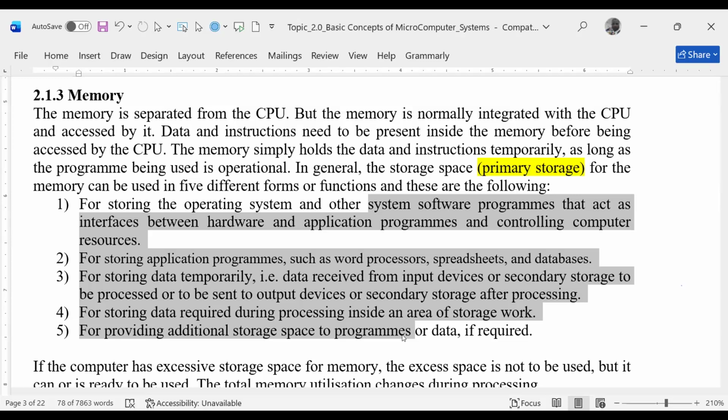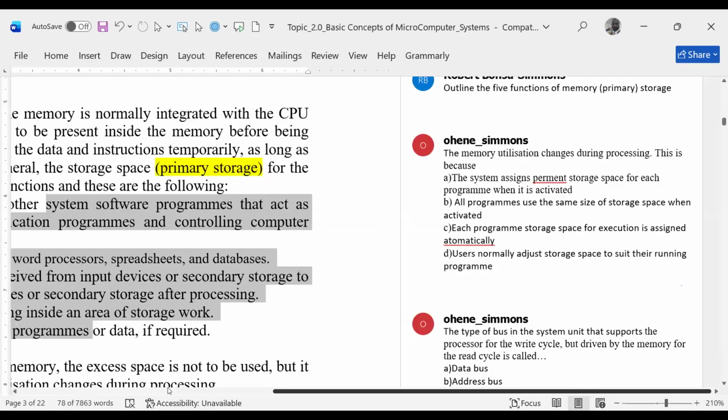Sir, it stores data loaded from the hard disk. Good. Data from the input device or loaded from the hard disk. These are also functions of memory space. I say also it assigns new storage space for data or programs when needed. Are you okay here? Good.